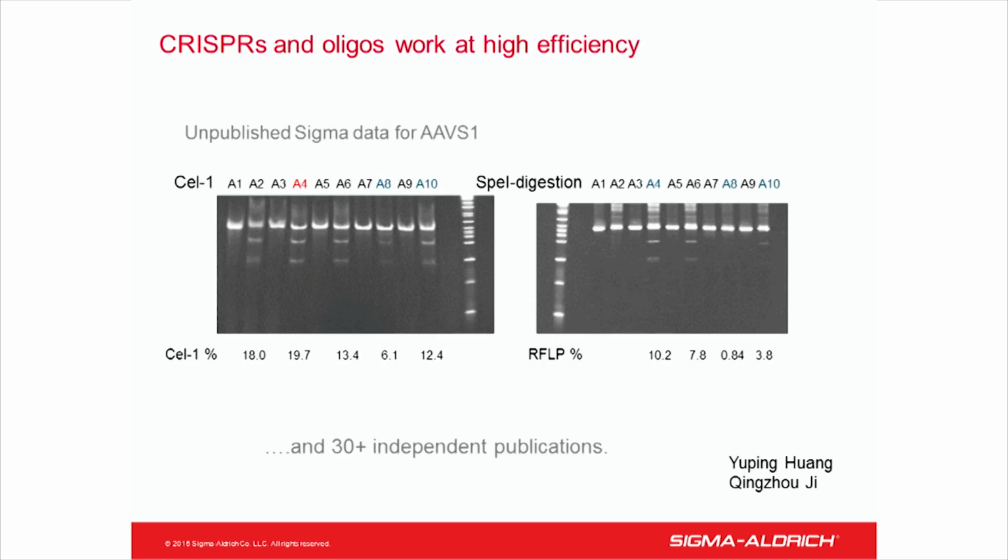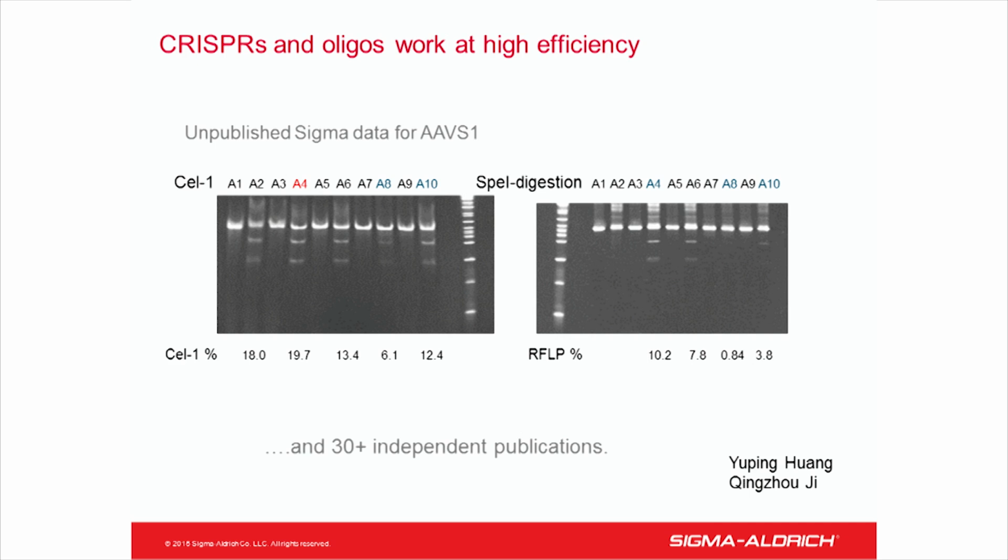So first, in terms of CRISPRs and oligos, they work at really high efficiency. So this is just some raw data that was produced by Yiping Huang and Xingzhou Ji in my group recently, probably the last 4 or 5 months or so. And these are CRISPRs that are cutting at the AAVS1 locus, and we can see robust integration that's on scale with what we saw for ZFNs.